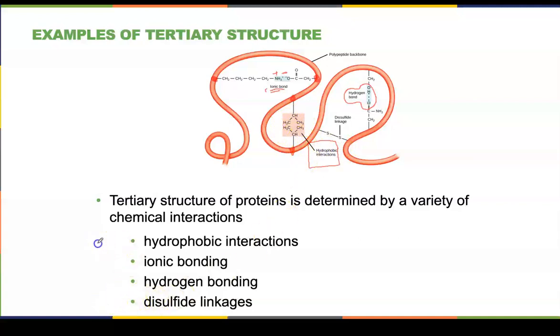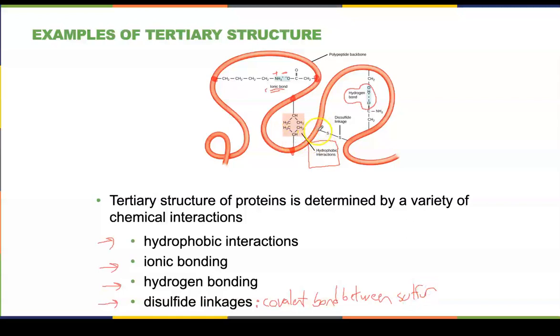Finally, we've talked about hydrophobic interactions, ionic bonding, hydrogen bonding. The last category is disulfide linkages. And this is a covalent bond between sulfurs.